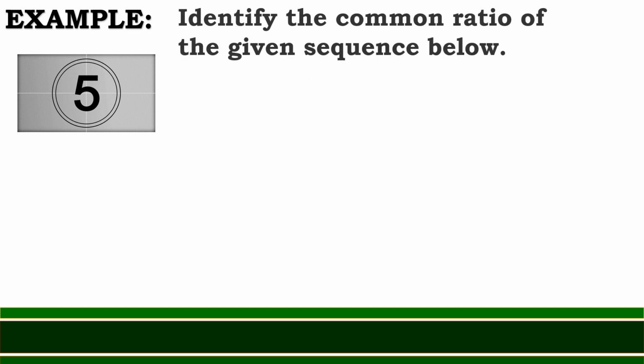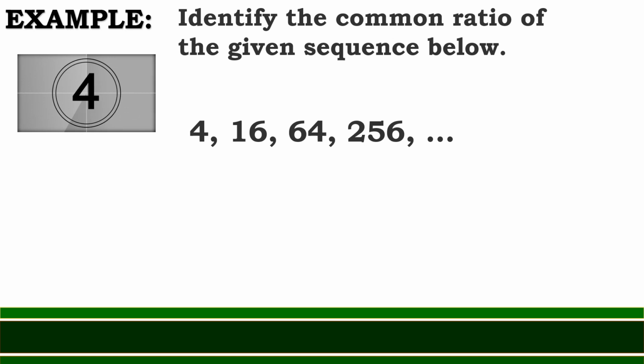Identify the common ratio of the given sequence below. The sequence are 4, 16, 64, and 256. So, let us try to think para malaman natin kung ano ang ating common ratio. Okay. So, try natin kunin yung common ratio na meron tayo sa sequence.